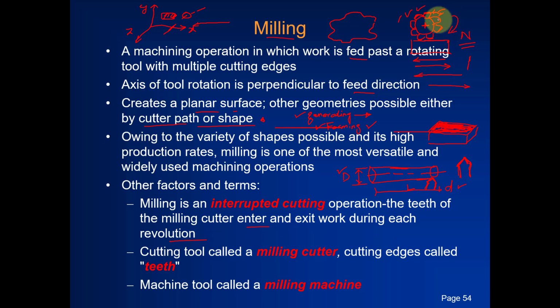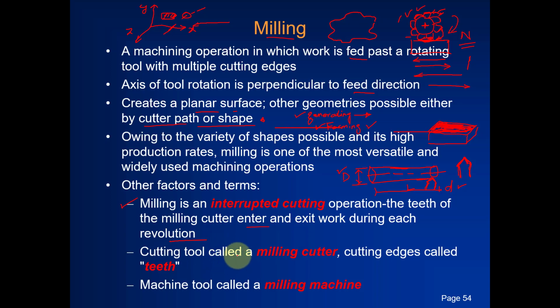As it rotates, this tooth removes the material from the workpiece. Similarly, this tooth goes forward, and the next tooth will come and remove the material. In between the two teeth there is a gap where no cutting is performed. That is why the milling operation is known as an interrupted cutting operation.